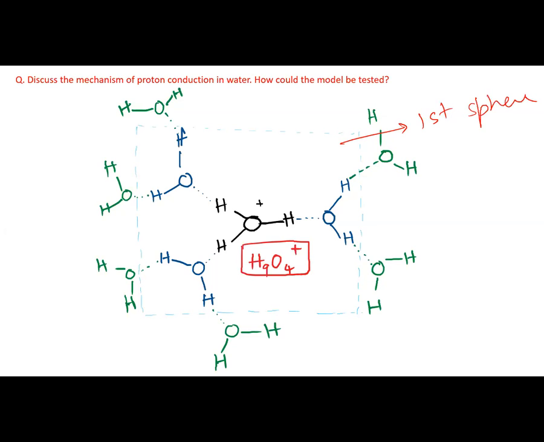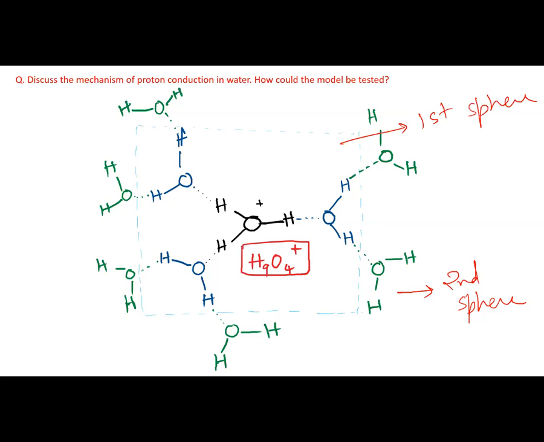And these water molecules can further interact with other water molecules via hydrogen bonds to form a second hydration sphere. So all the green water molecules form the second hydration sphere. However, the hydrogen bond strength in the second hydration sphere will be less compared to the first hydration sphere.